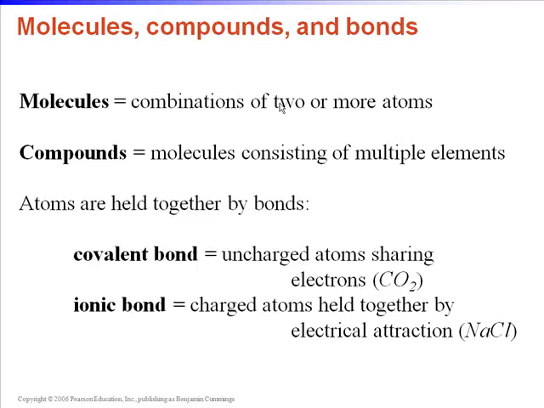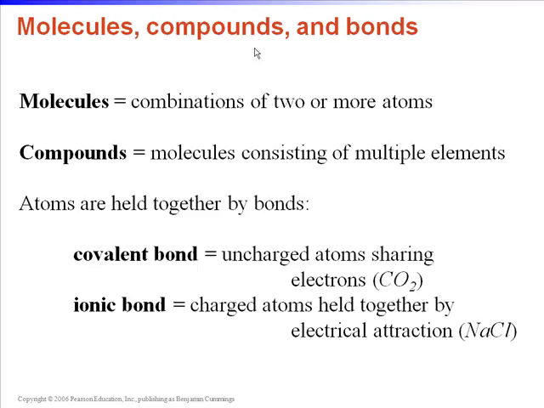So for instance, an example here is oxygen gas. Its molecular formula is O2, O with a little subscript 2 behind it. And that indicates that there are two oxygens there combined together, right? Two atoms of oxygen. And that gives you a molecule of oxygen.